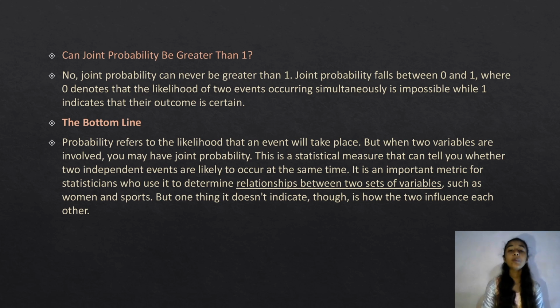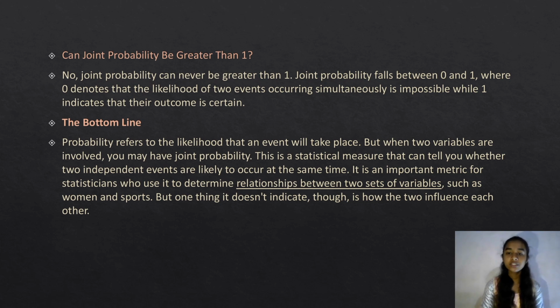No, joint probability can never be greater than 1. Joint probability falls between 0 and 1, where 0 denotes that the likelihood of two events occurring simultaneously is impossible, while 1 indicates that their outcome is certain. The bottom line: probability refers to the likelihood that an event will take place, but when two variables are involved, you may have joint probability.